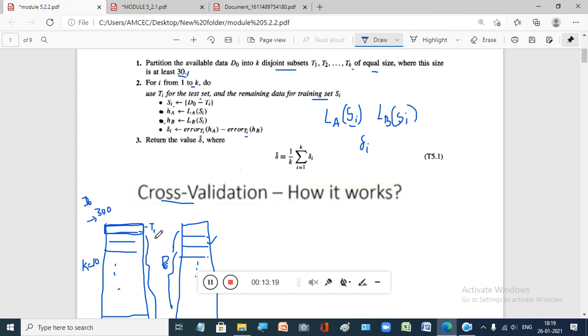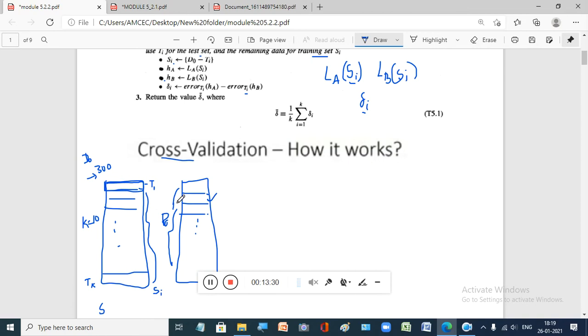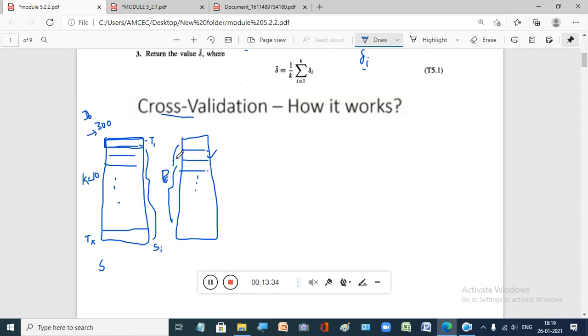Next loop we go for i equal to 2. Second time, we have divided your data into 10 parts, K equal to 10. The first time we took the first one for testing. Now the second time, when the loop continues with i equal to 2, you take the second part as your testing data T and the remaining 8 along with the first part will be your training data.